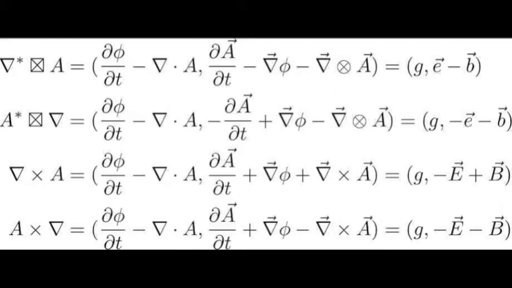So no matter how the 4 derivative and 4 potentials are multiplied together, the first term of the product is the same. It transforms actually as the diagonal of this delta mu A mu.